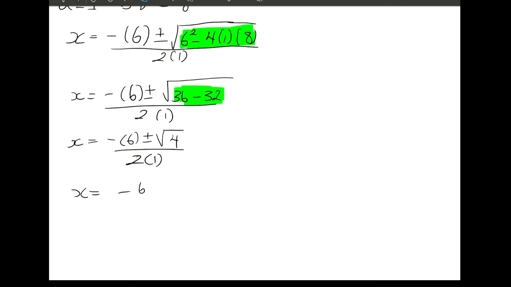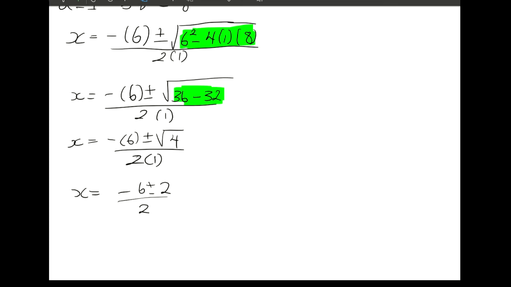When you square root 4, you just get a 2.